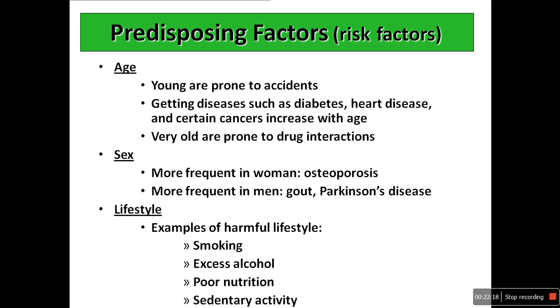Parkinson's disease is a genetic disease and it is more common in men than women. As for lifestyle, I can stop smoking, stop drinking alcohol, and have a healthy diet. So preventive health care is very important. The best treatment for disease is prevention.